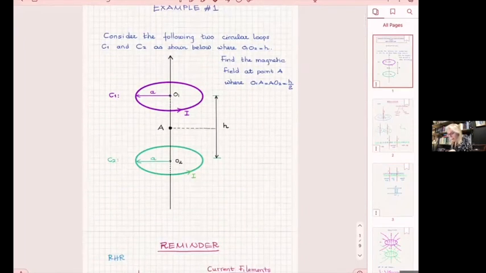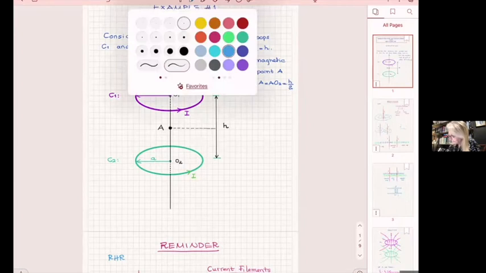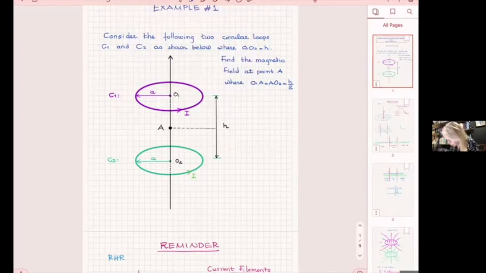If we have the loop C1, the magnetic field at point A from loop C1 is given by H1, and in fact, you will see it in the solution later, but H1 at that point A, let me just write it because I don't even show Z here.